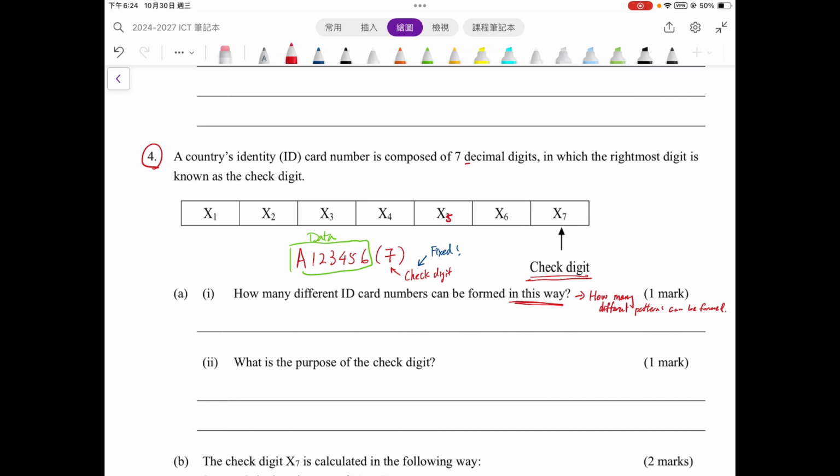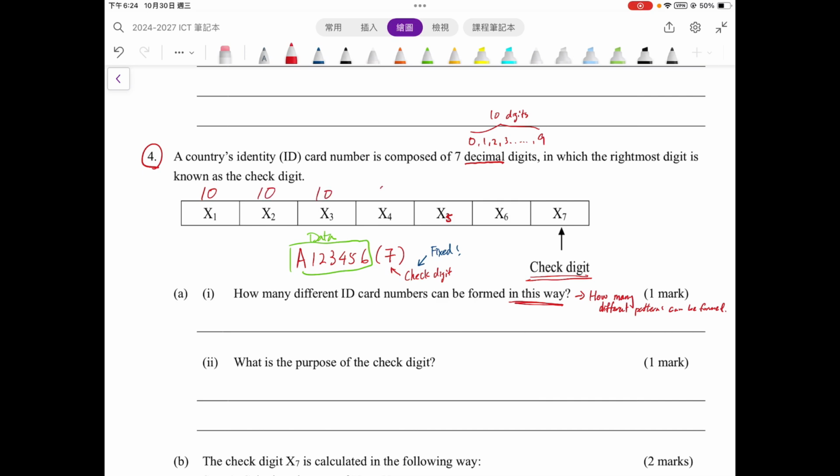So here, we have the words decimal digits. Decimal means 0, 1, 2, 3, up to 9. So in total, there are 10 digits, right? In other words, for each bit, you should have 10 different digits.